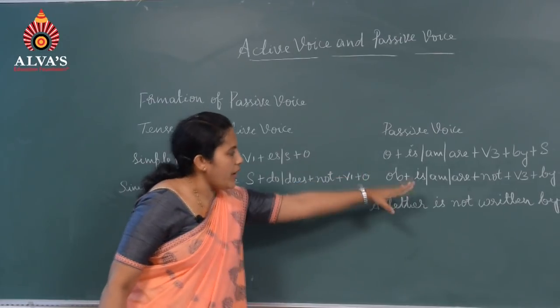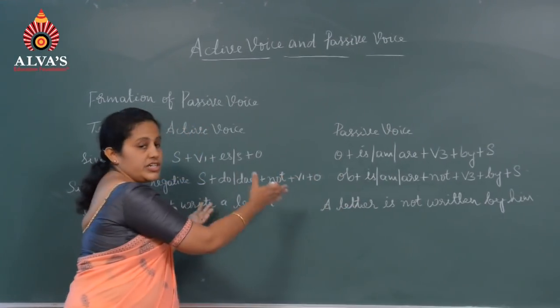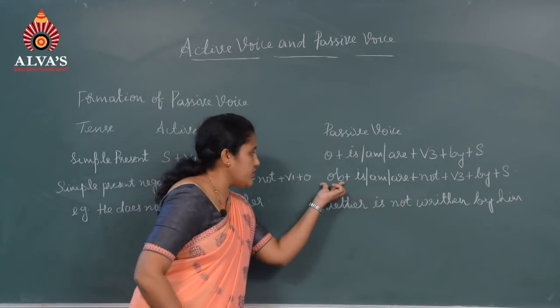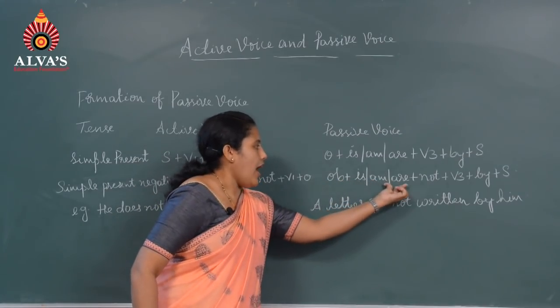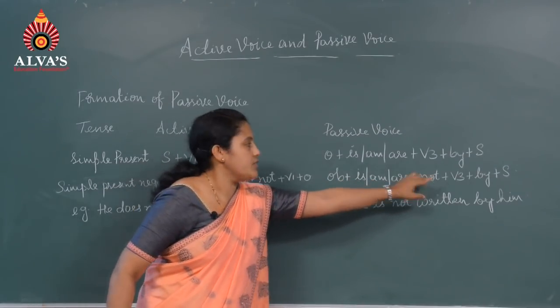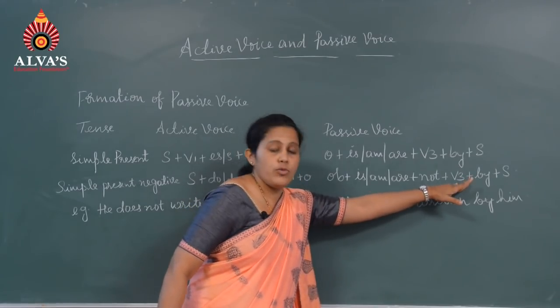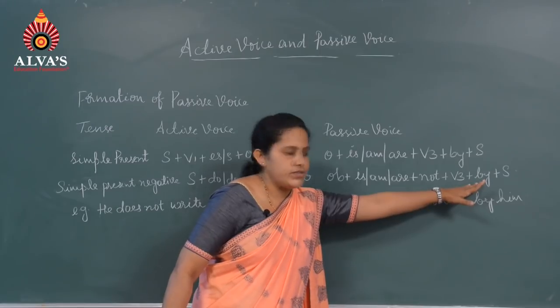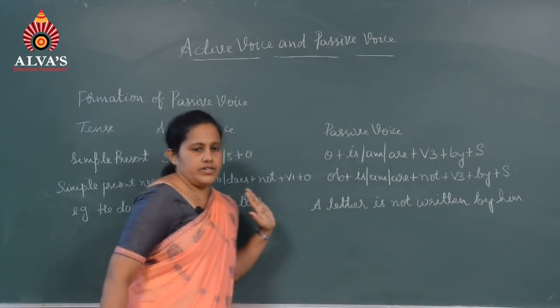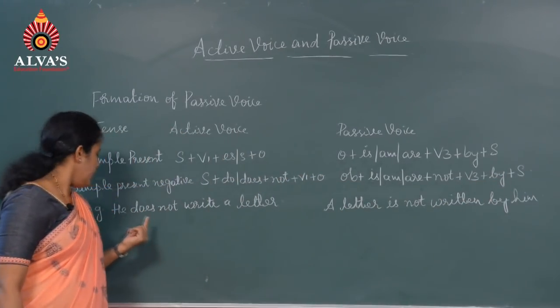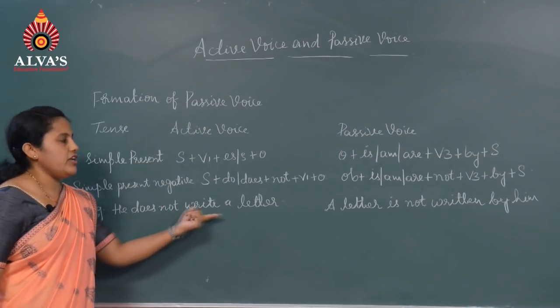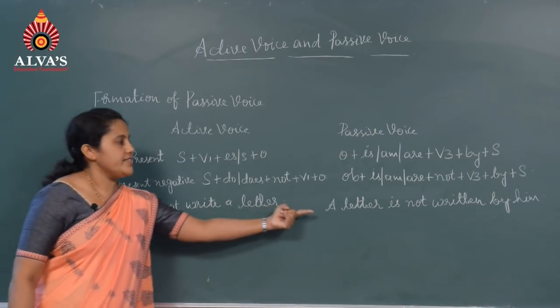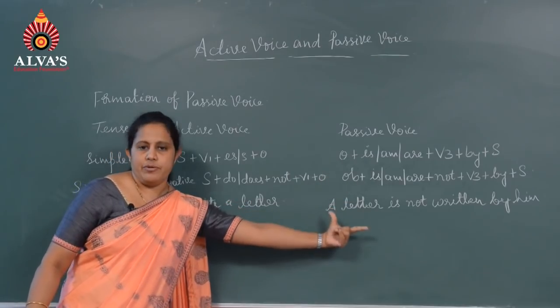When we change into passive voice, the subject becomes object: object plus is, am, are plus not plus V3, the past participle form of the verb, plus by preposition, then subject. This is the example: He does not write a letter, A letter is not written by him.